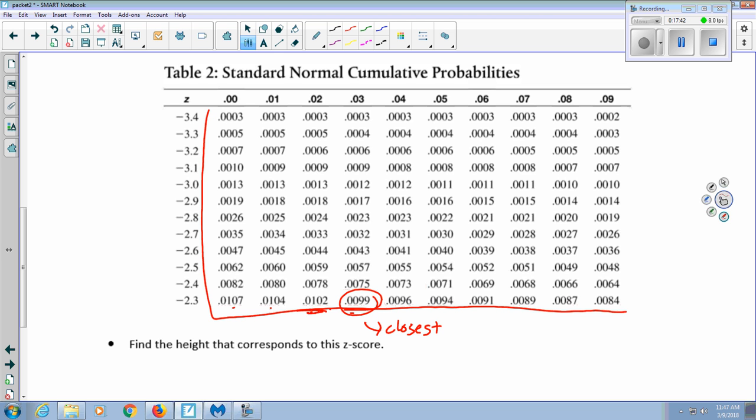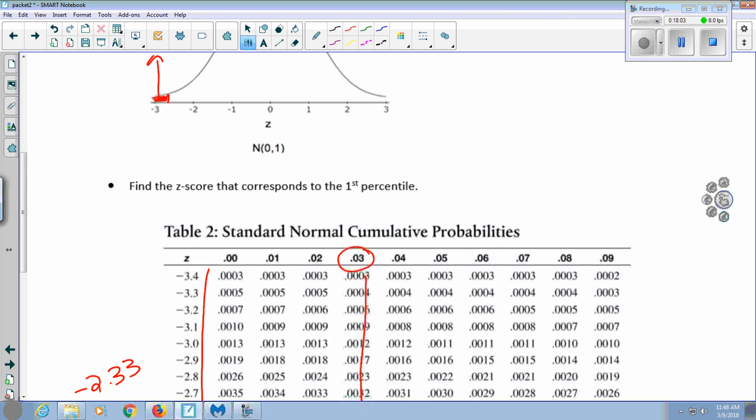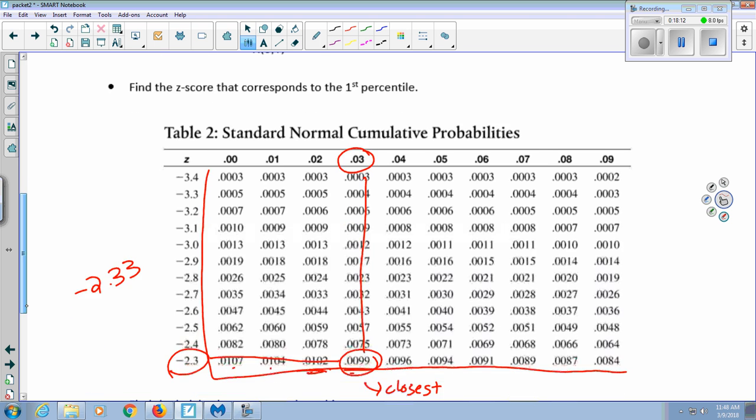Now we're going to reverse read my z-score. So I have negative 2.3, and then we go up this way to read the hundredths. I need another 3. On your little picture up here, this is negative, I guess my picture could have been more like this, negative 2.33. That's the z-score that corresponds to that.